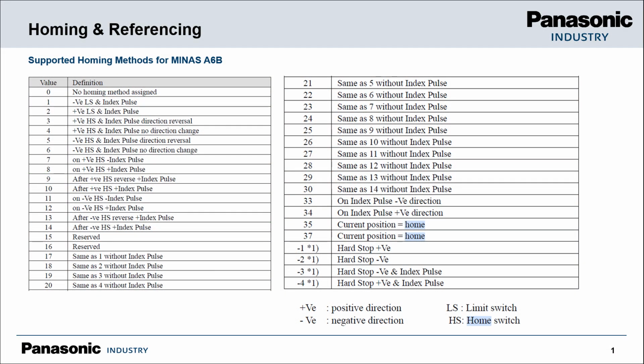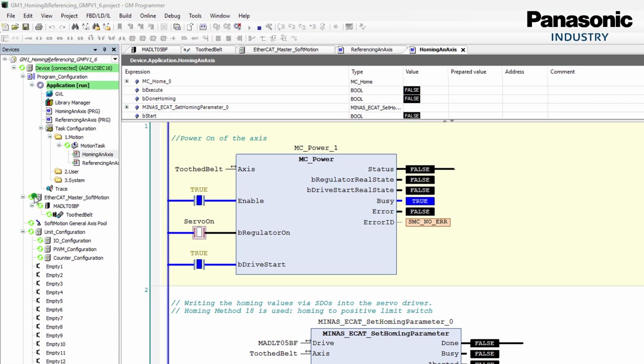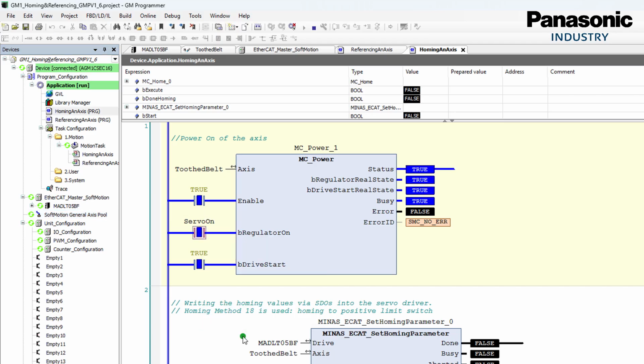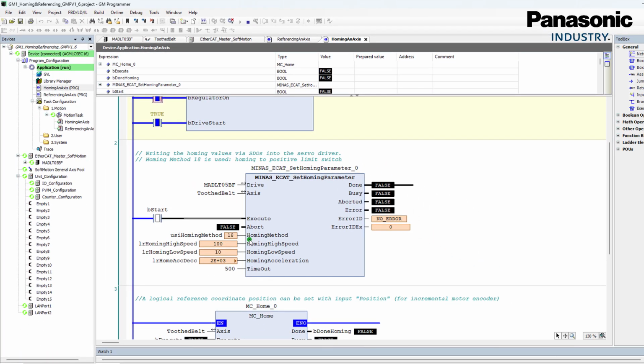Panasonic servo drives support several homing methods in incremental mode. After implementing the axis in our project, we call the required function blocks to start the homing process. In this example, we're using homing method 18, which performs homing to the positive limit switch.